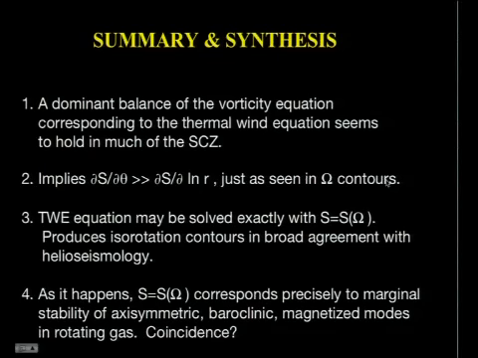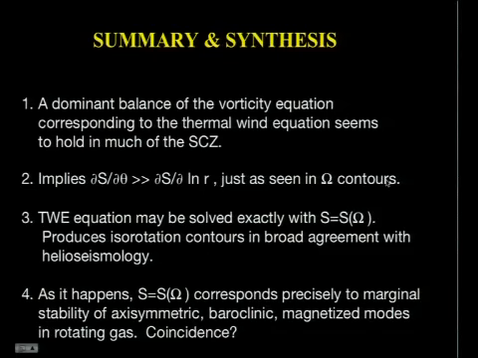So let me summarize and give a synthesis. One, a dominant balance coming from the vorticity equation corresponding to a thermal wind balance seems to hold in much of the solar convective zone. If I assume this dominant balance, then one can easily show that dS/dθ is significantly larger than the logarithmic gradient in the radial direction.